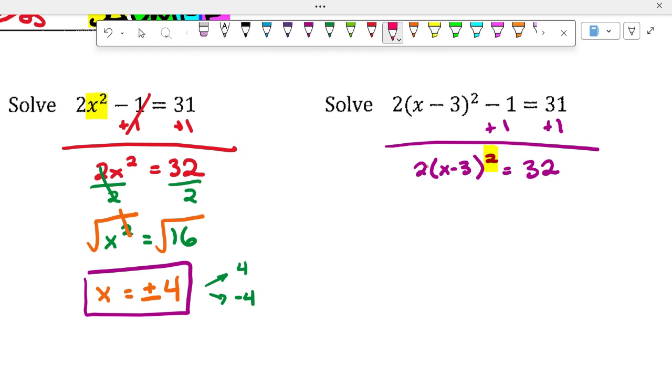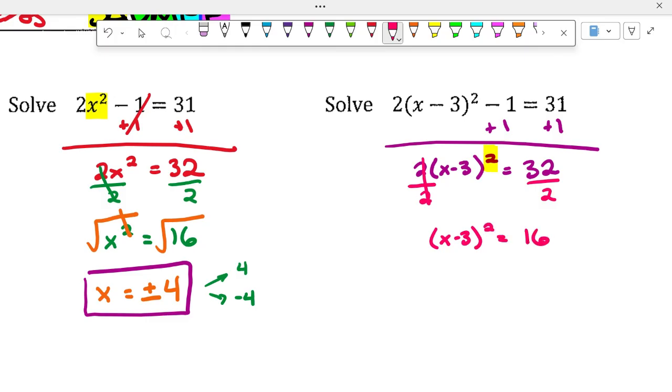So I got to take care of this 2 by doing what? Dividing it. So you can't distribute that 2 because of that square. The square is preventing us from doing that. So I have x minus 3 squared is equal to 16.